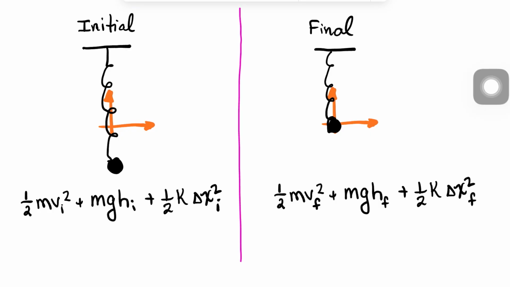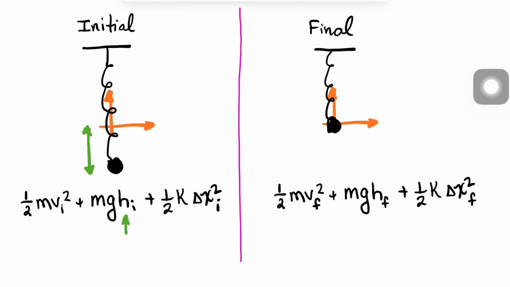I've sketched both the initial and the final moments of this system and written the energy conservation equation for the initial and the final beneath them. Notice that there is kinetic energy and both kinds of potential energy, that due to gravitation and that due to a spring, in this system. Let's think about the initial height.